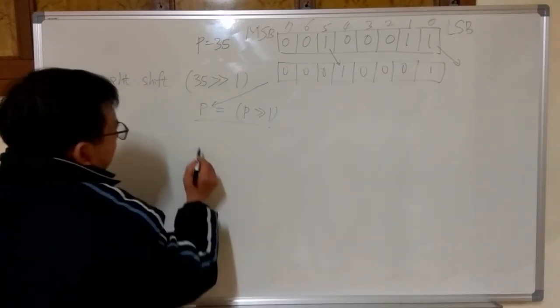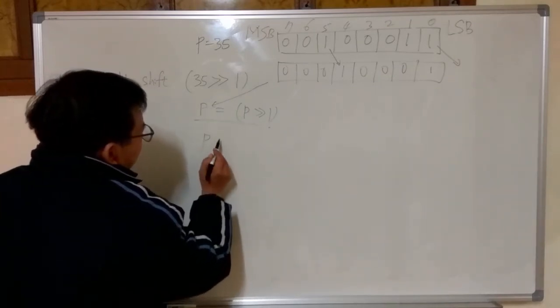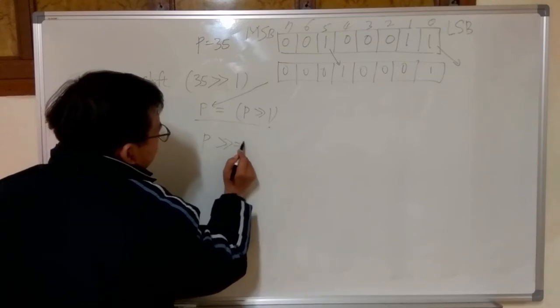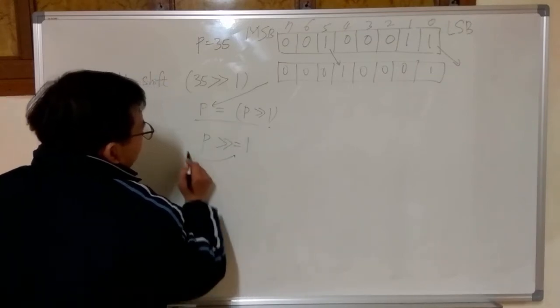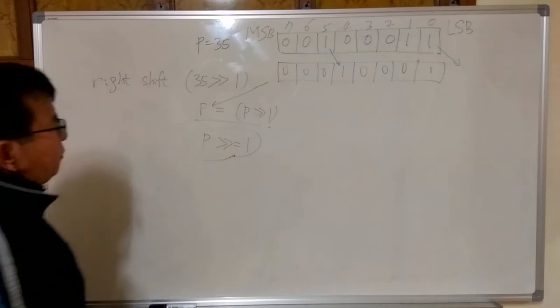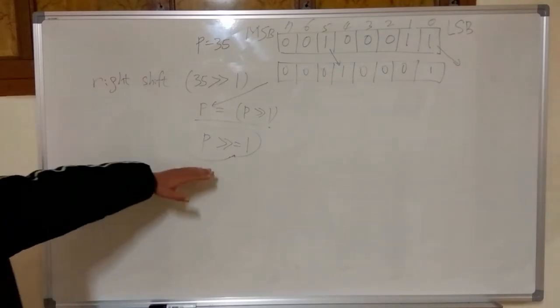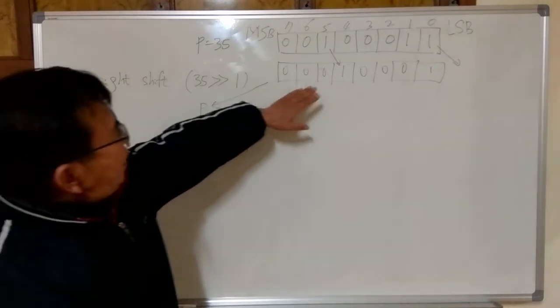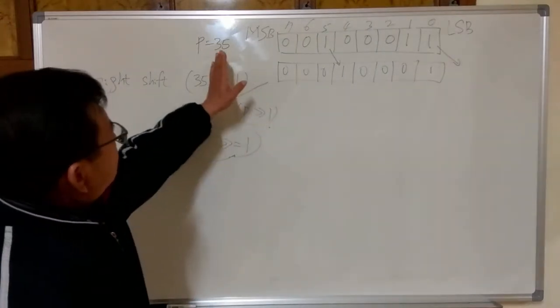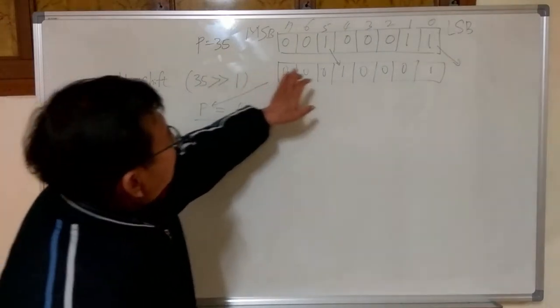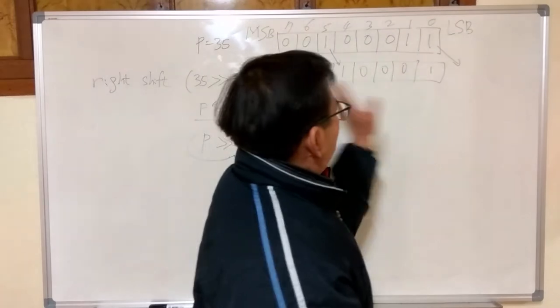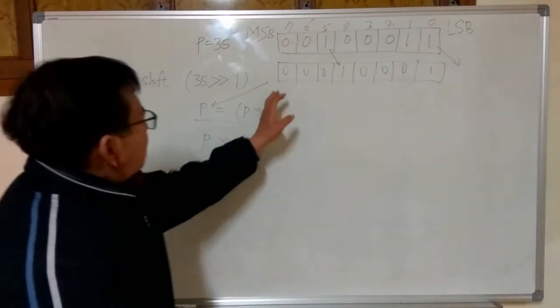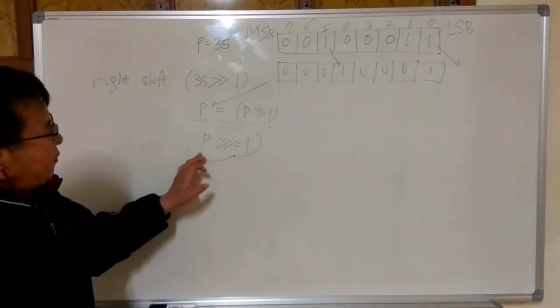This operation can be written in one single operation like this. So you have to understand what it means. Bitwise shift. The result will be assigned. The bits of 35's binary digits are shifted on the right hand side. Then the result is assigned to P again.